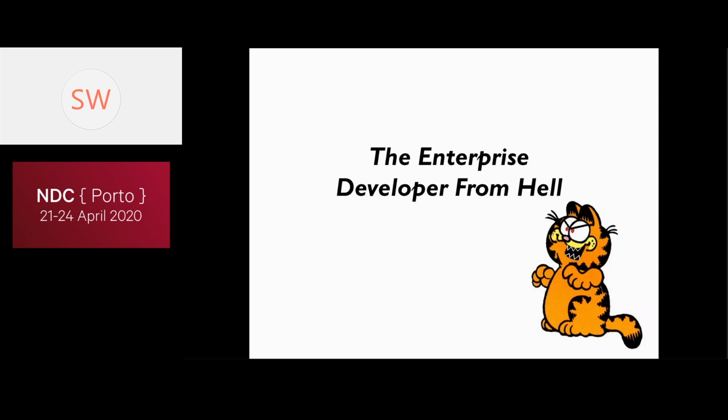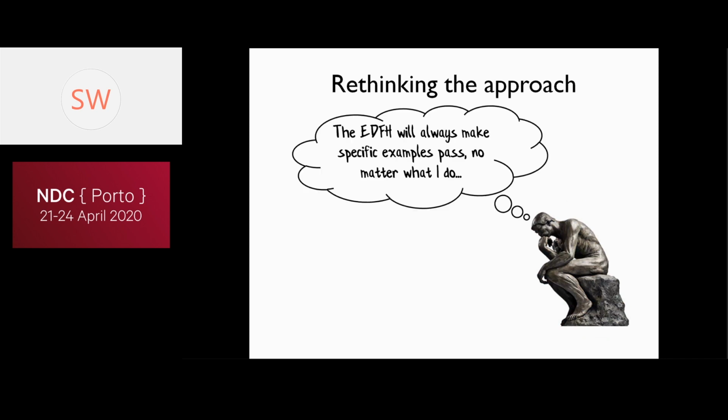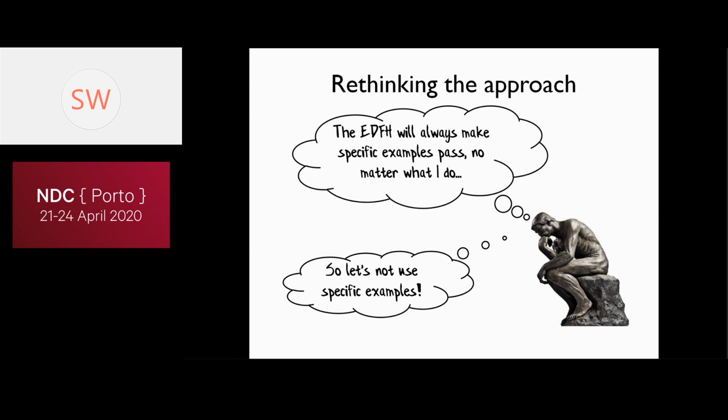I've used the evil Garfield as the symbol for this person. So I've got to rethink my approach. The enterprise developer from hell will always make specific examples pass, no matter what I do. So what can I do? I have to not use specific examples. But how can I write a test without having any examples of what I want?